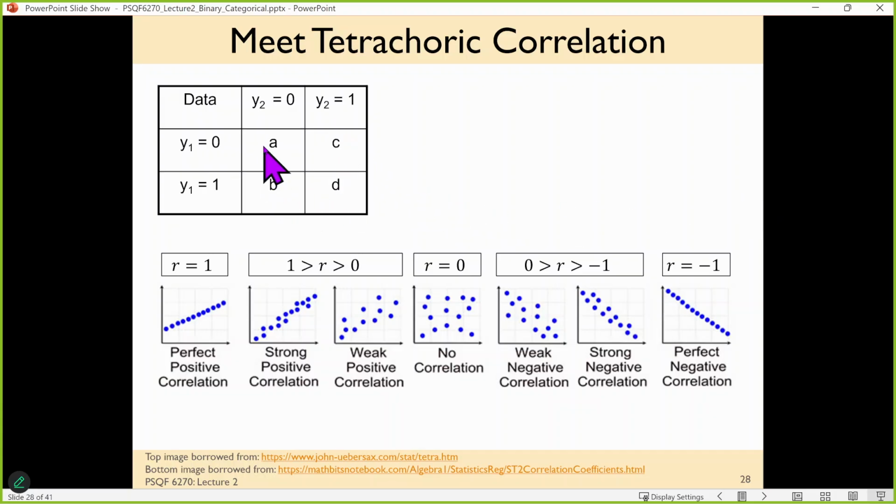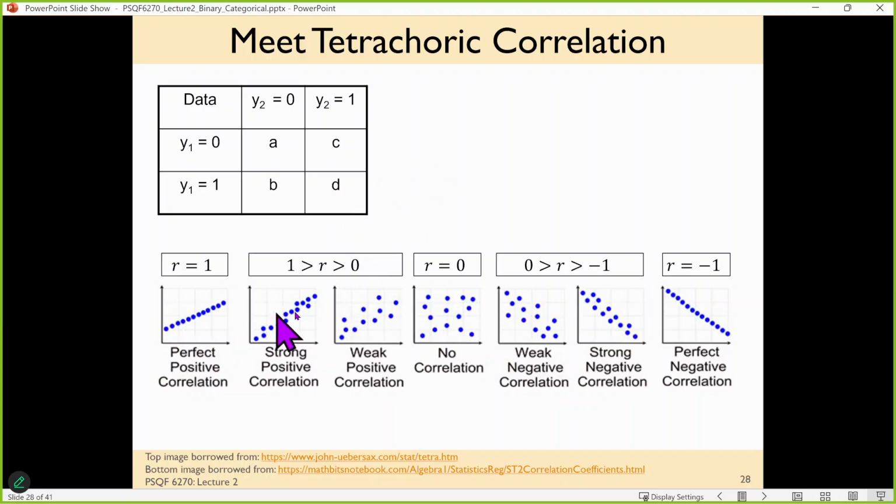So what we have in reality for two binary outcomes is a contingency table. Cell A is for people who had zeros on both. Cell D is for people who had ones on both. And then the other cells are for people that have disagreements, essentially. Well, I know what the proportions are in each of these 4 cells from my data.